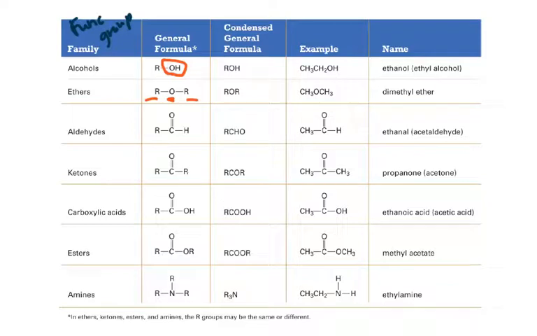An aldehyde is a carbon that's double bonded to an oxygen and single bonded to a hydrogen. And so on and so forth as we go down the list. They're just patterns to recognize in a molecule. And so here are some examples of a simple alcohol, a simple ether, a simple aldehyde.